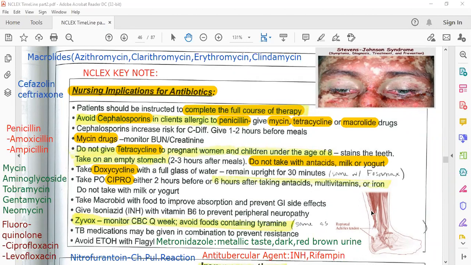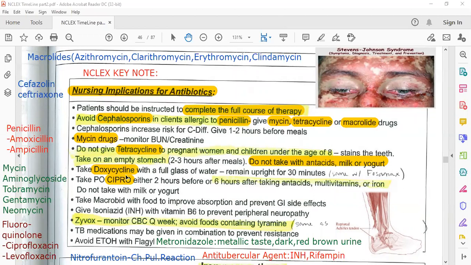So ciprofloxacin is like tetracycline. They can also cause photosensitivity. Ciprofloxacin we use for bacterial infection, respiratory infection like anthrax, or urinary tract infection.